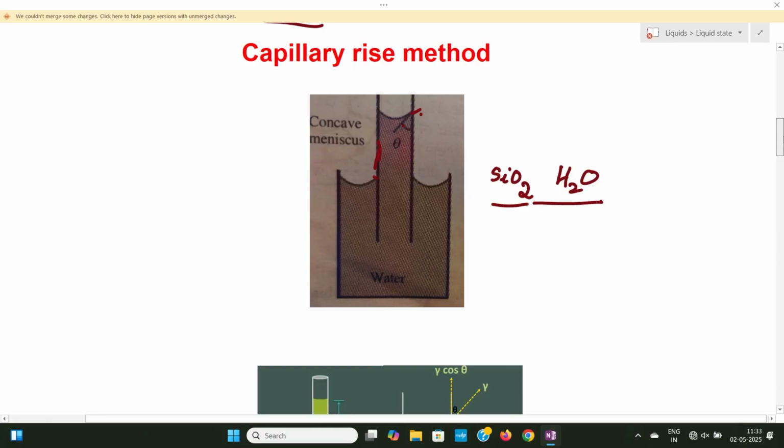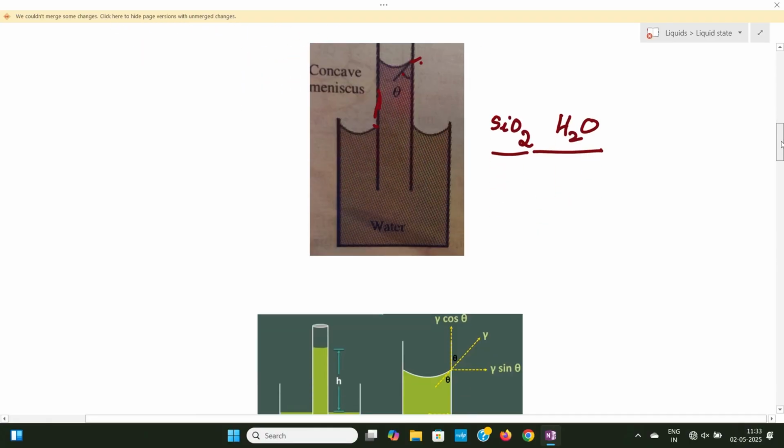I hope you understood what is capillary rise. According to the nature of the liquid, if we put a capillary tube, that is a glass tube with the internal diameter, upright in water, either the capillary rise or capillary fall will happen. If it is water, that will be capillary rise.